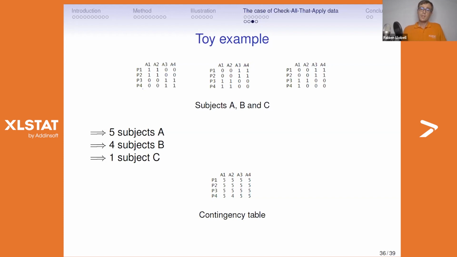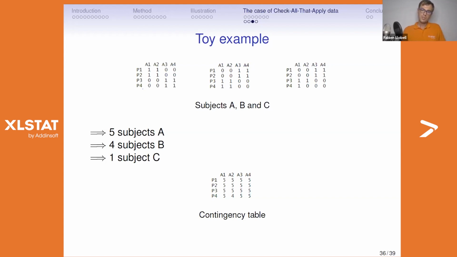We have four subjects who have again put together the products P1, P2 and P3, P4, but by checking A3 and A4 for P1 and P2, and A1 and A2 for P3 and P4. And finally, we have just one subject like the four subjects B, who did not check the attribute A2 for product P1.